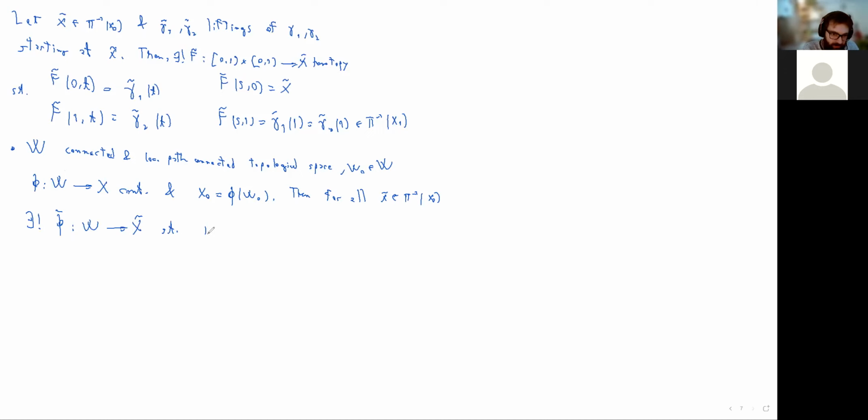Lifting again means that pi composed with phi tilde is phi, and phi tilde of W0, which was our base point here, is x tilde.